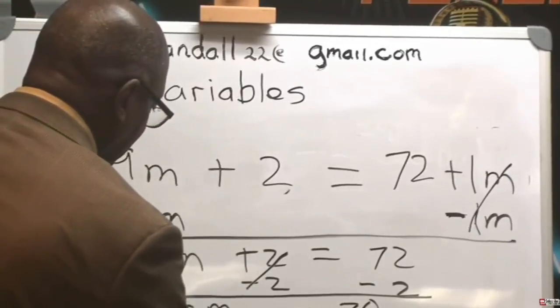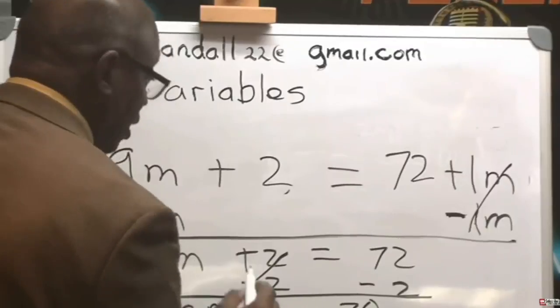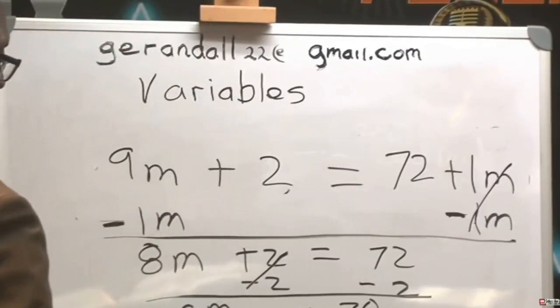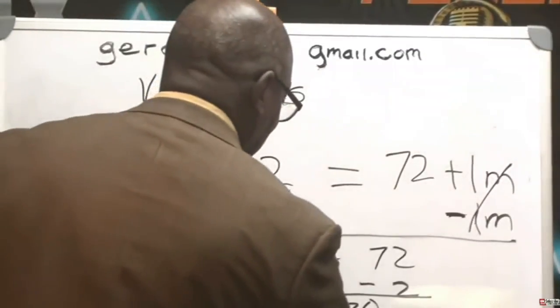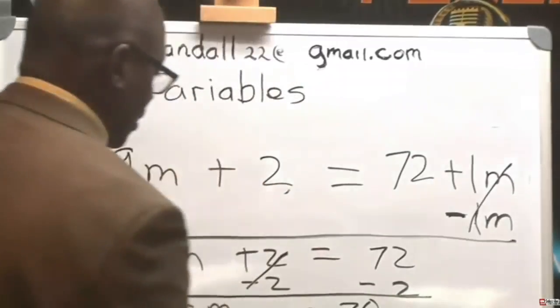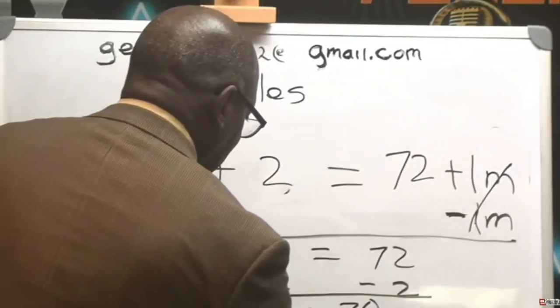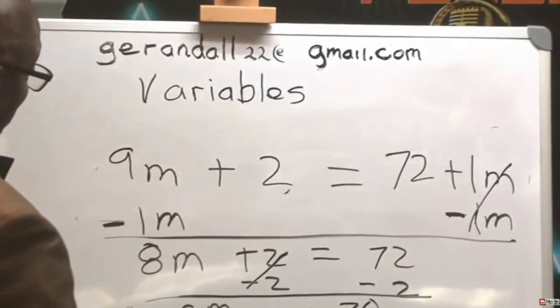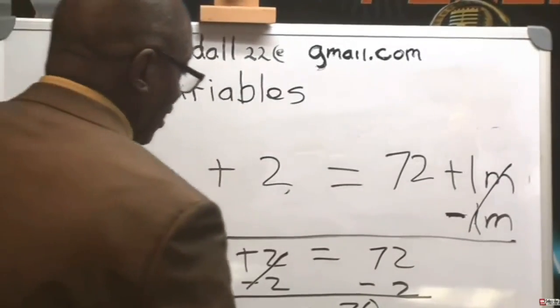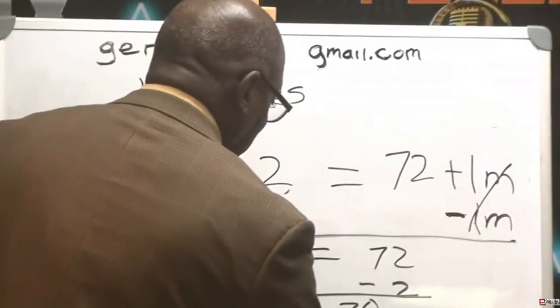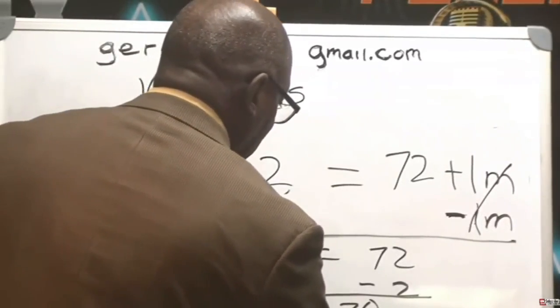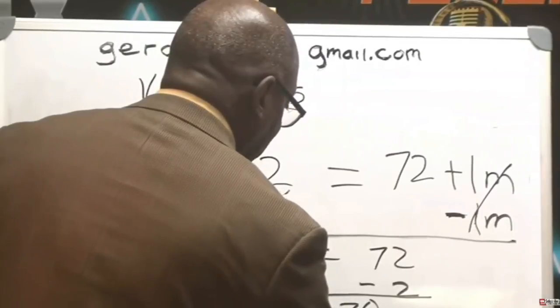And now you're going to get that m by itself. Divide by 8. You're left with m. Whatever you do to one side, you must do to the other. m equals 70 over 8. Which again, you can't leave it like that. 8 goes into 70 8 times with 6 left over.